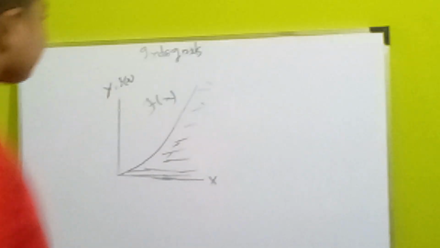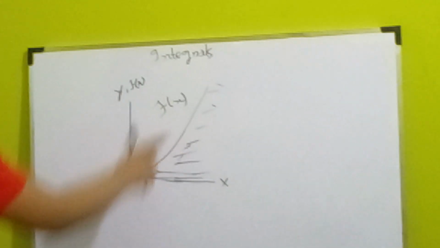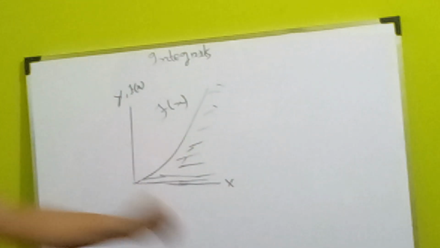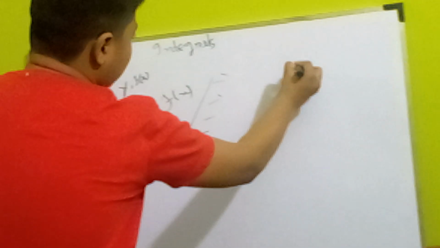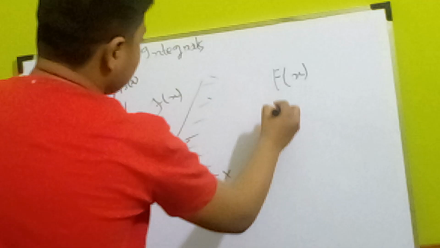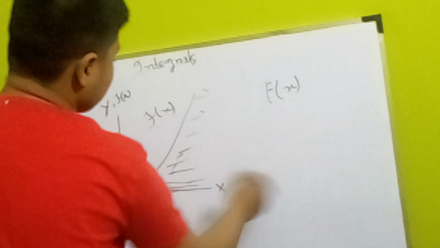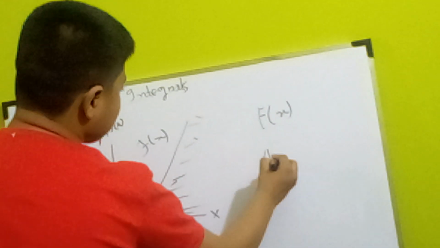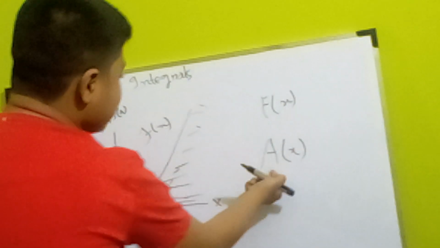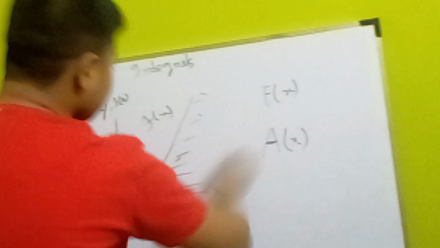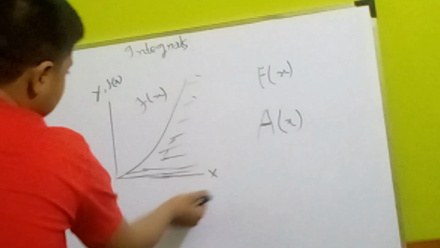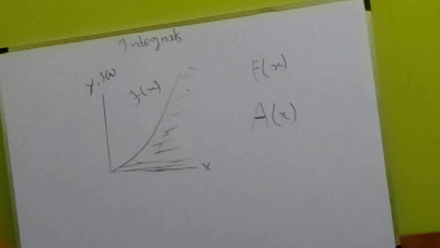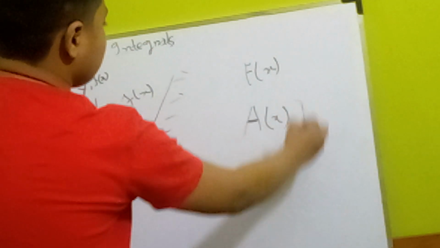So we don't really take the whole area, we represent it as a function, a big F of x, or let's define it as A of x. A means area, and this x really means this, and we have a boundary of this function.